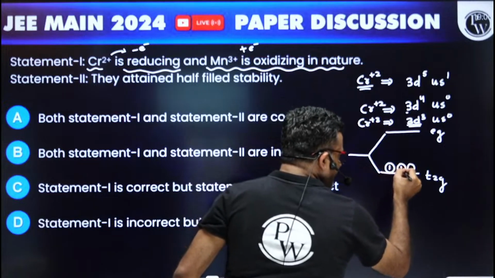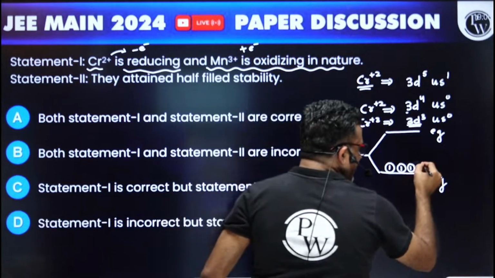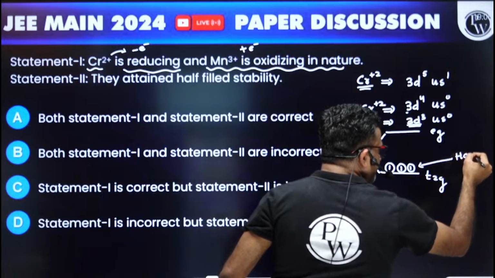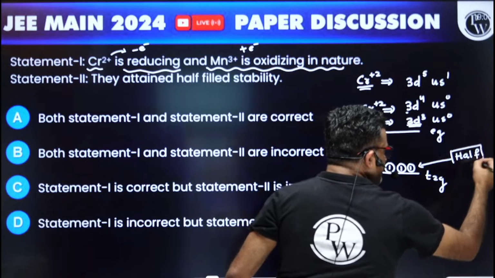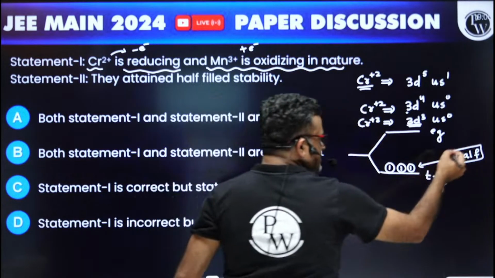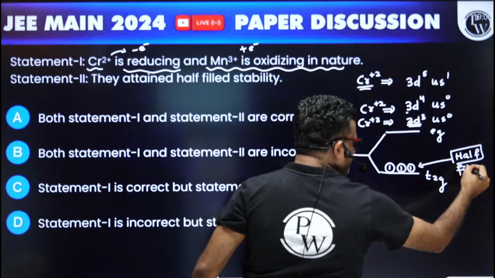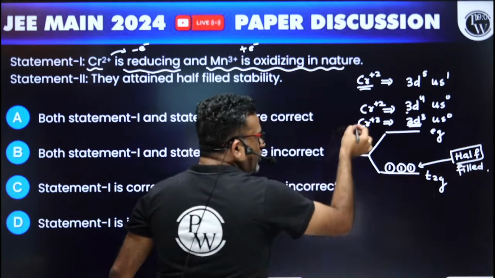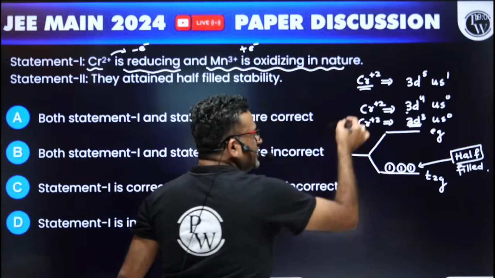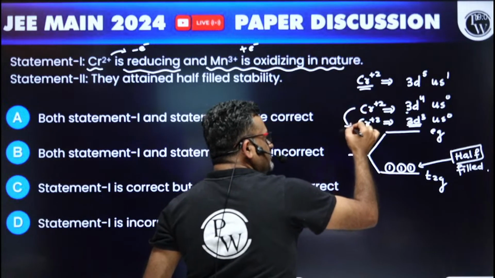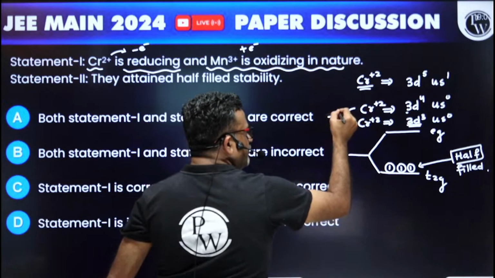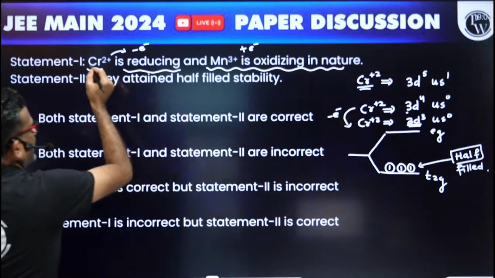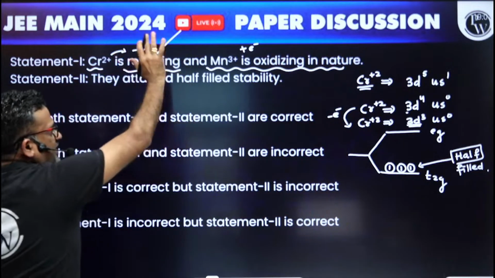All the 3 t2g would have 1 electron and that would be half filled. All the degenerate orbitals are singly occupied, which is half filled configuration. So in order to attain this half filled configuration, Cr plus 2 would definitely become Cr plus 3 by the loss of an electron. If it is losing electron, yes, it is reducing and that is right.